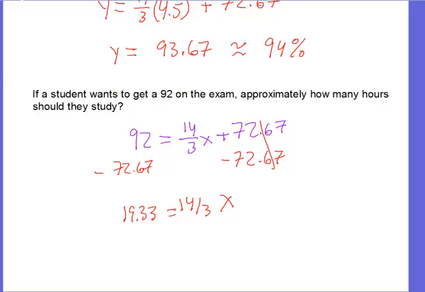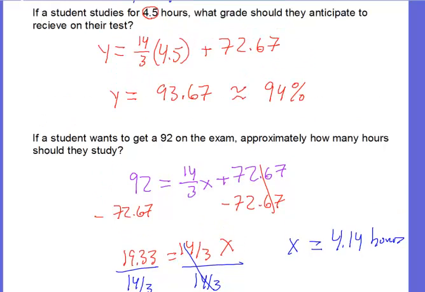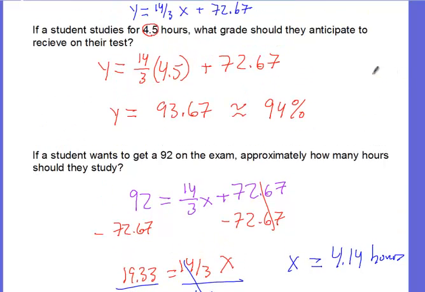If we want to get x alone, we can divide both sides by 14 thirds, and we're going to get that x equals 4.14 hours. So if a student wants to get a 92 on their exam, they should approximately study for 4.14 hours.